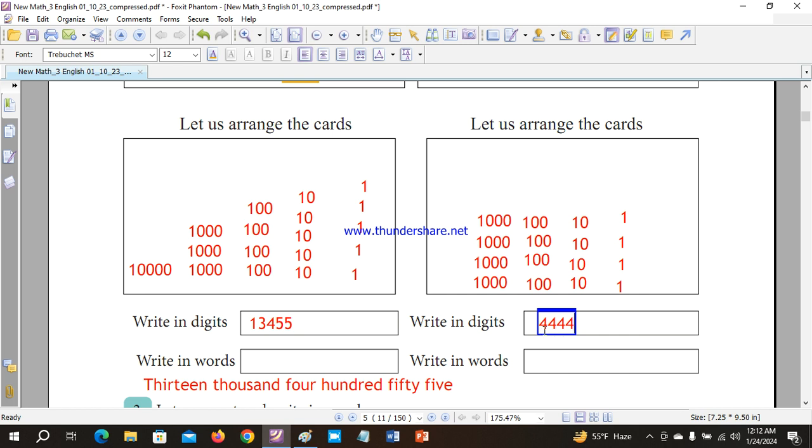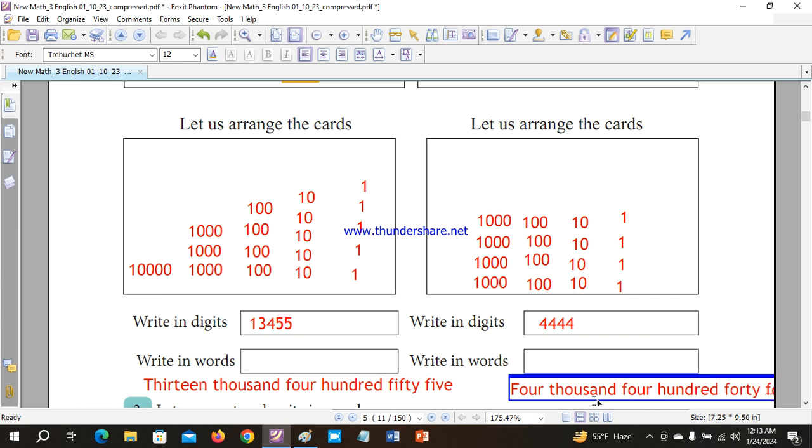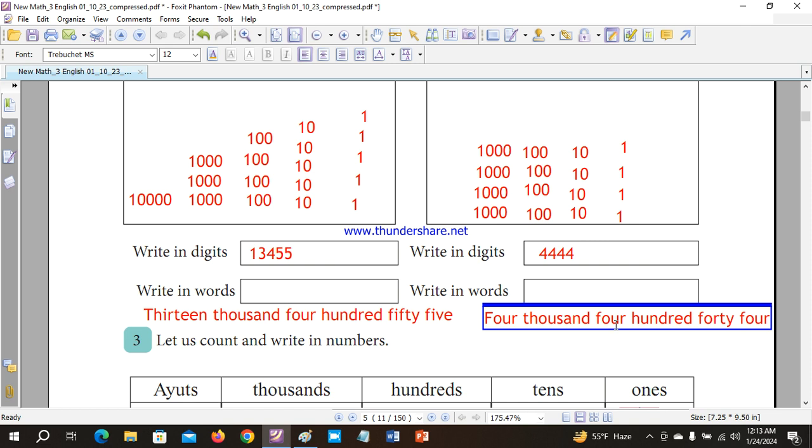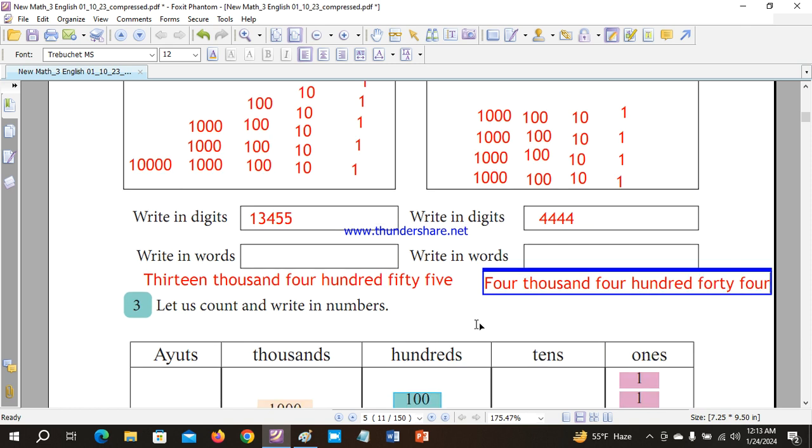So the number is 4444. Here the number in words is 4444.